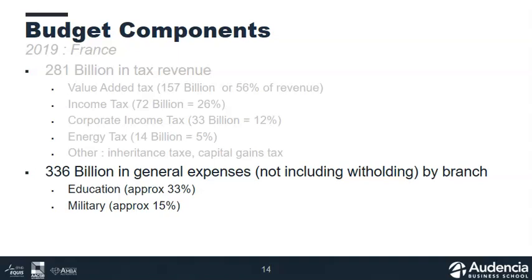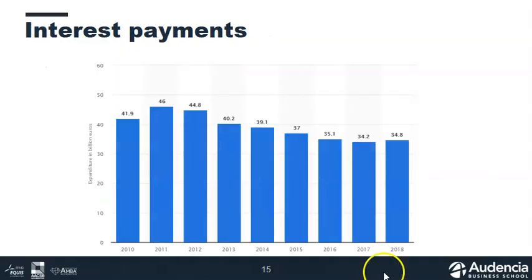And so education expenses are not as big. Military is also a big item. Also in France, if we take a look at the interest payments, these are the interest payments that the government must pay. And we can see that's a substantial amount of money, about 35 billion in interest payments that have to be paid.